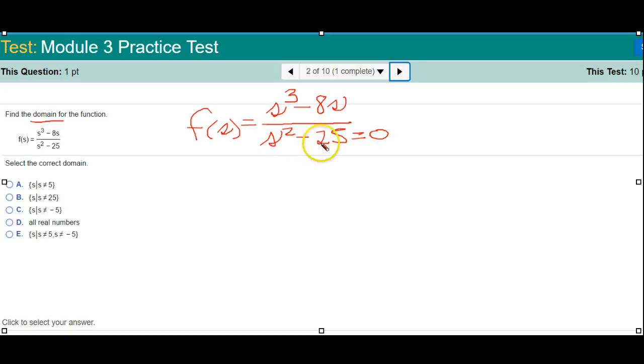Now, I don't know if you see you have conjugates here, and you're going to find the zeros. Again, what values would make this denominator a 0? They would be excluded from the domain.